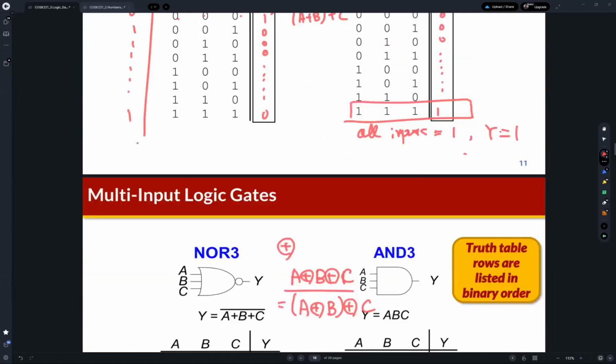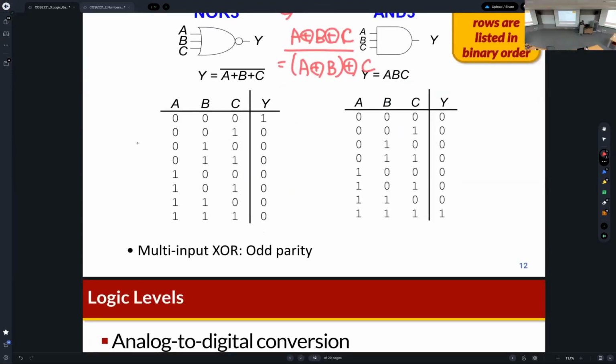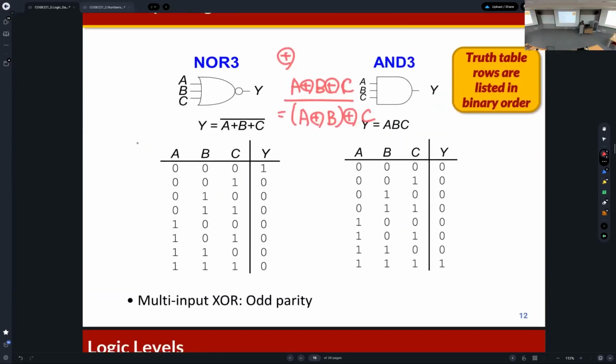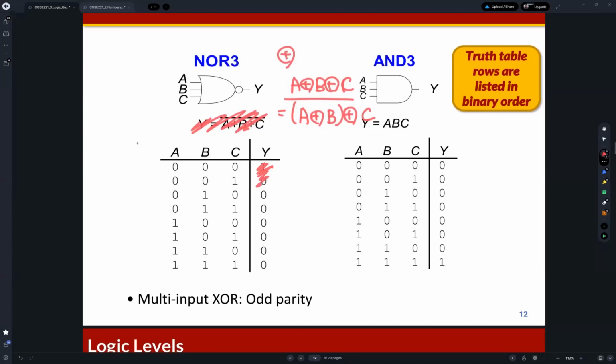Okay, I will use this truth table. Let me delete this one. Then how can we calculate the three-input exclusive OR? You can just perform the first two. So it is 0, 0, 1, 1, 1, 1, 0, 0. Right?